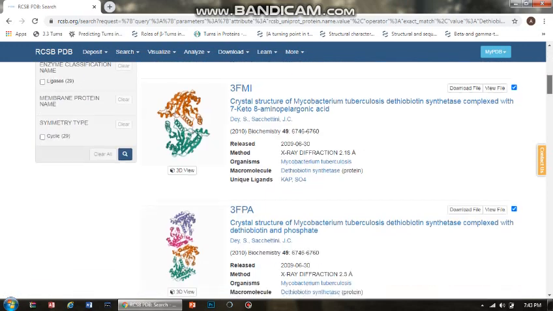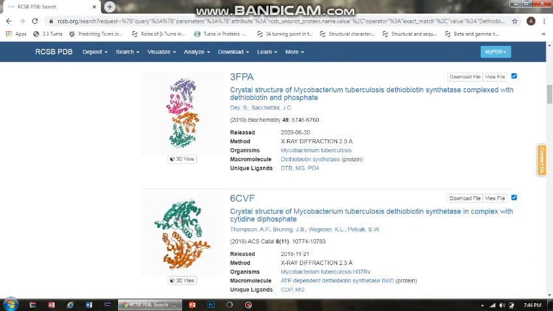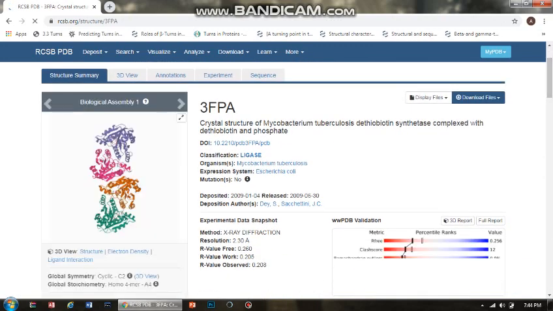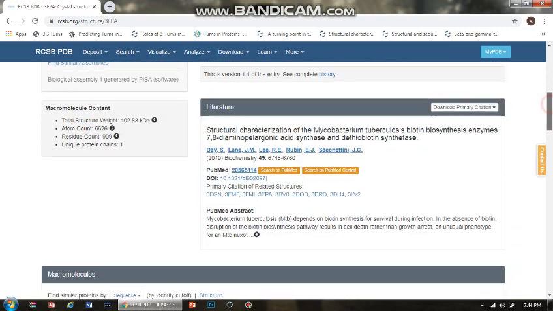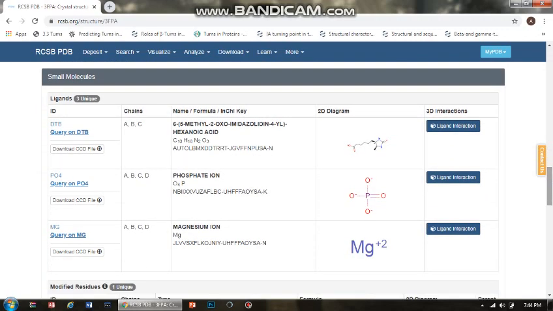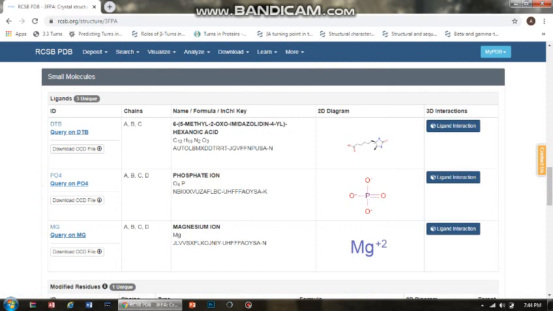So in order to determine the information on the complex, the amino acids and the coenzymes, let's say you have clicked onto a protein ID that has small molecules attached to it. This is how the detailed information comes.